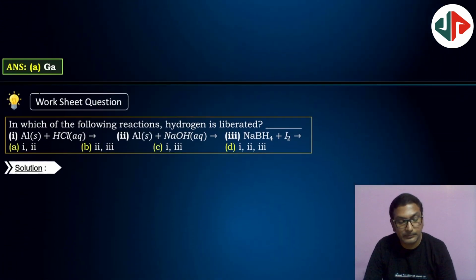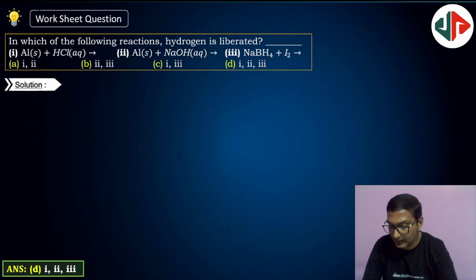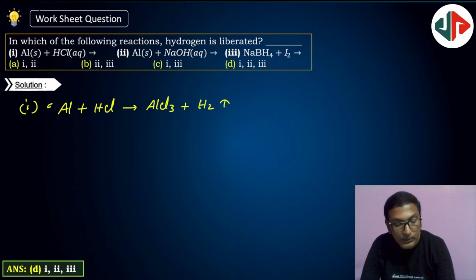Next. In which of the following reactions is hydrogen liberated? Take your first reaction, aluminium plus HCl. It gives AlCl3 plus H2 gas. Balancing, we get 2Al plus 6HCl gives 2AlCl3 plus 3H2.